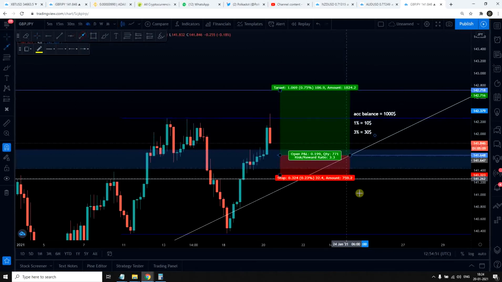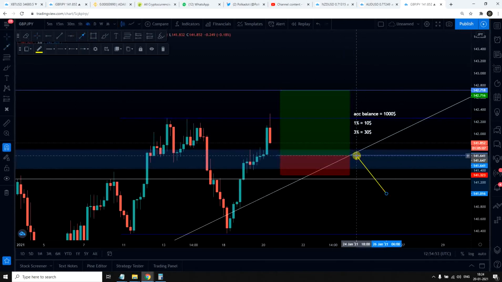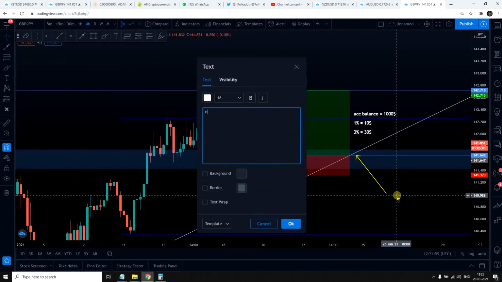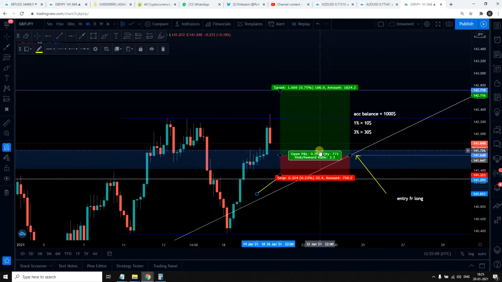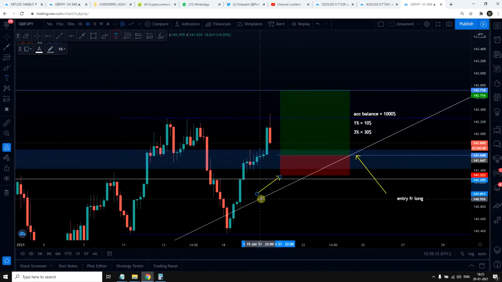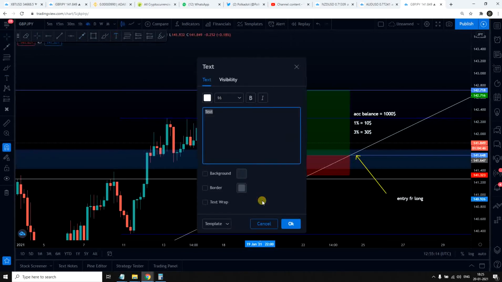So simply mark your entries just for your confirmation or reference. This is your entry for long. Okay, then where will be your stop loss? This will be your stop loss of 33 pips.